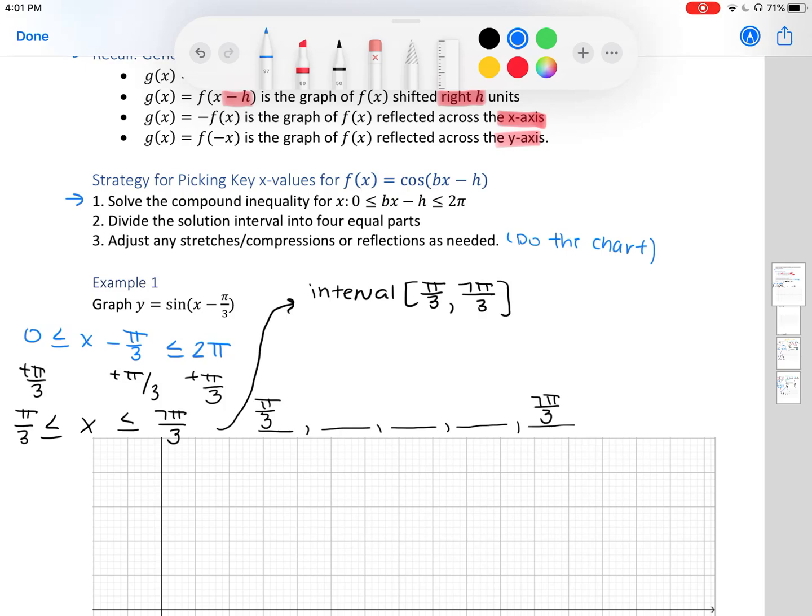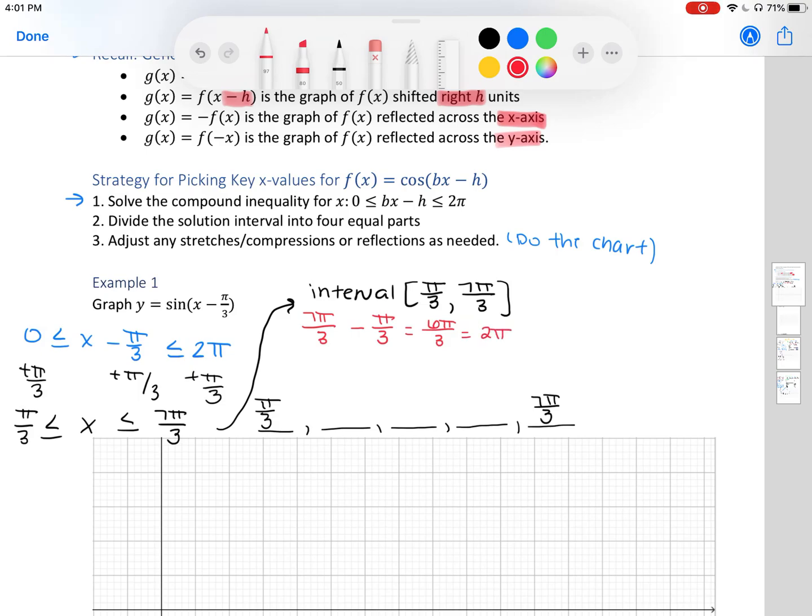To find the middle points, we have to find the length of our period and divide it by 4. So let's just subtract those 2 points: 7 pi over 3 minus my first one, pi over 3. And we're left with 6 pi over 3, which is 2 pi.